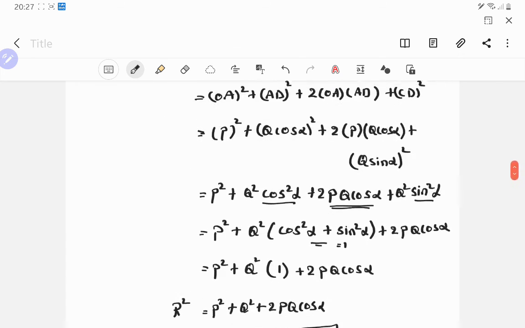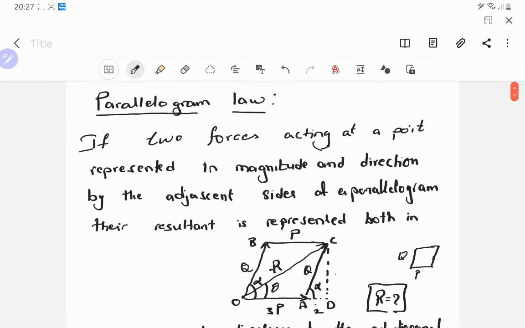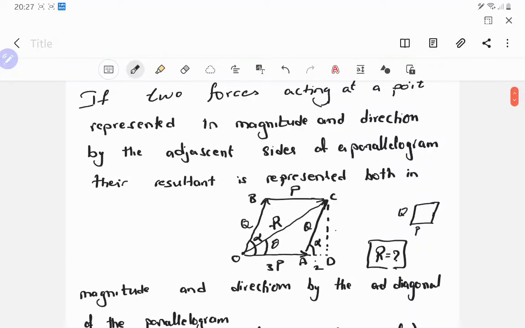This is the parallelogram law, which deals with two forces acting at a point. The statement indicates that if two forces acting at a point are represented in magnitude and direction by the adjacent sides of a parallelogram, then these two forces are the adjacent sides of a parallelogram, and their resultant, the effect of these two forces, is indicated by the diagonal of the parallelogram.